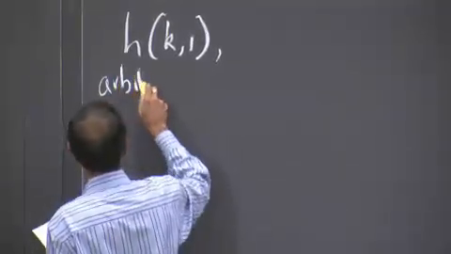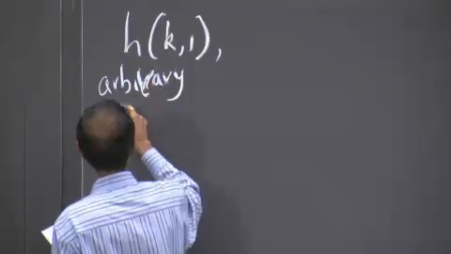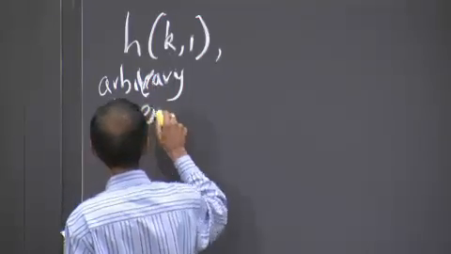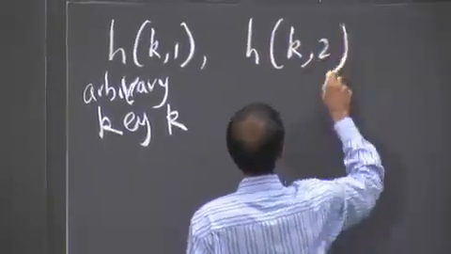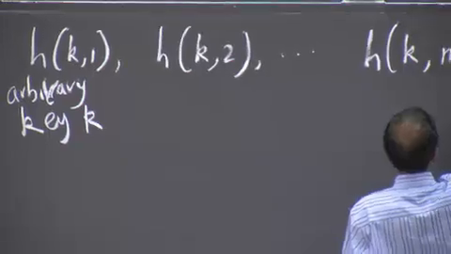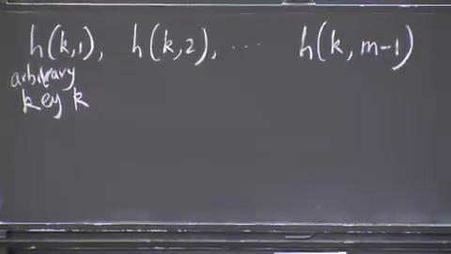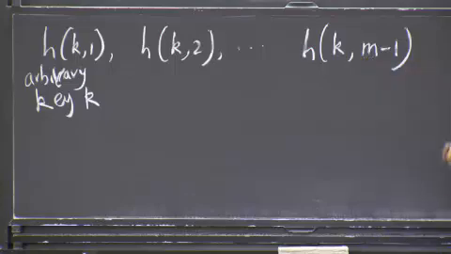So for an arbitrary key k, what you have in terms of the slots that are being computed is h(k,1), h(k,2), and so on and so forth to h(k,m minus 1), right?